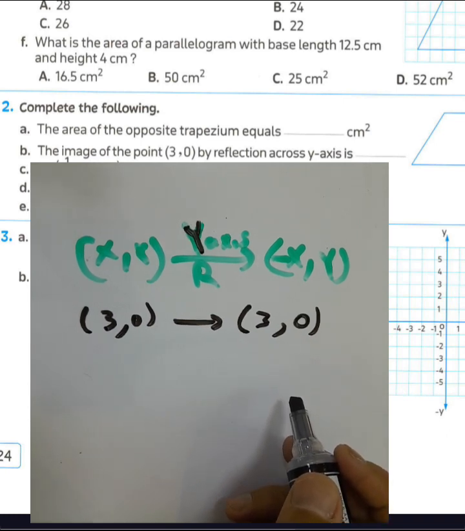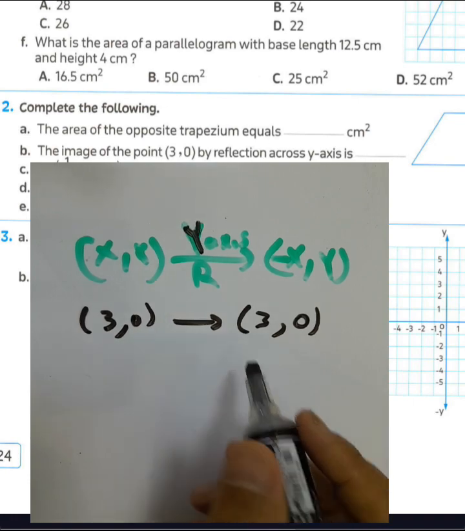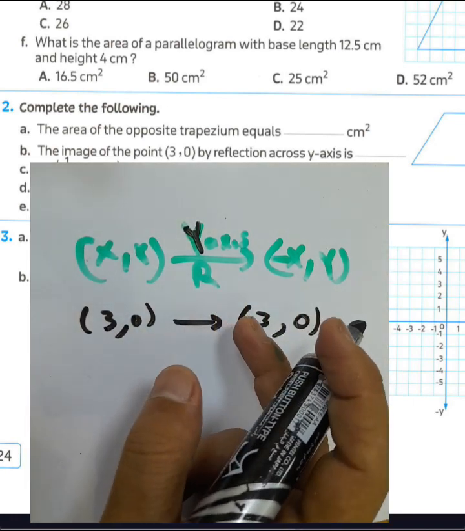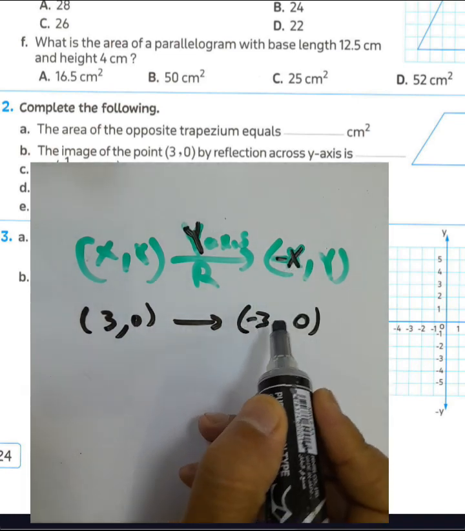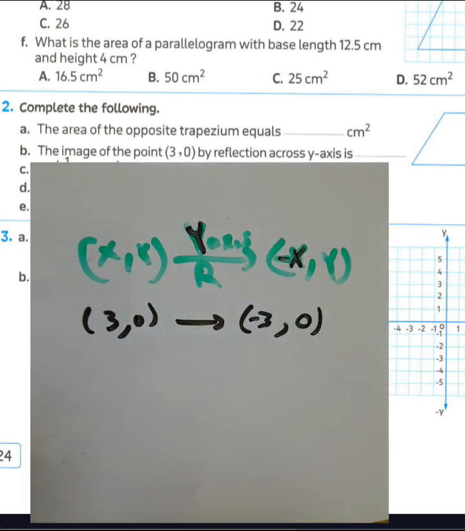The result will be change the sign of what? Of x. Here it will be (-3, 0). If you want to find the image of a point under reflection at the x-axis, you must put x and change the sign of y.